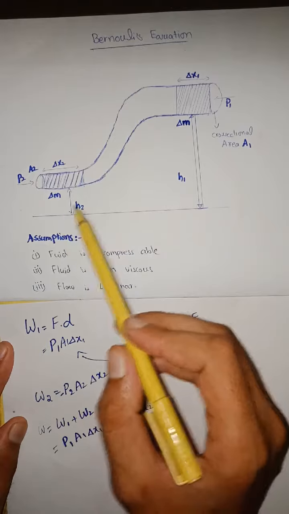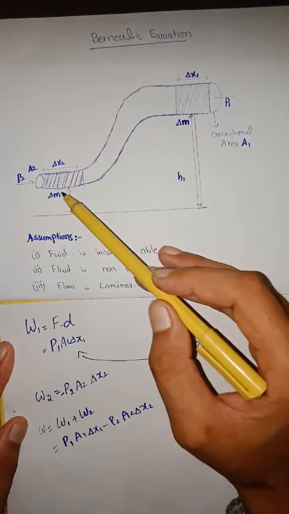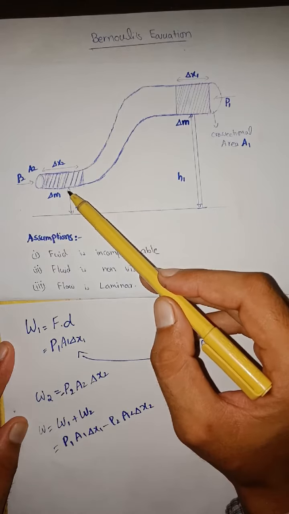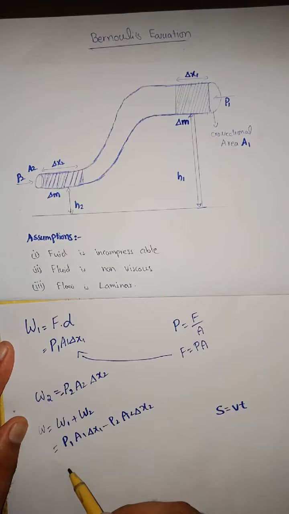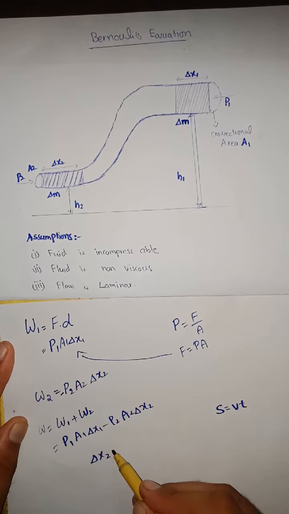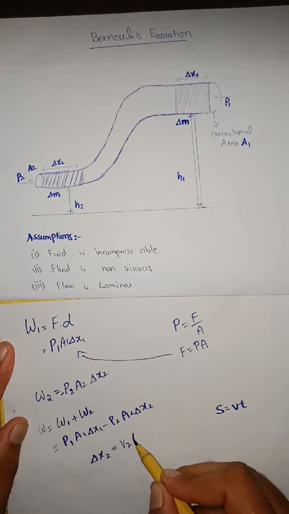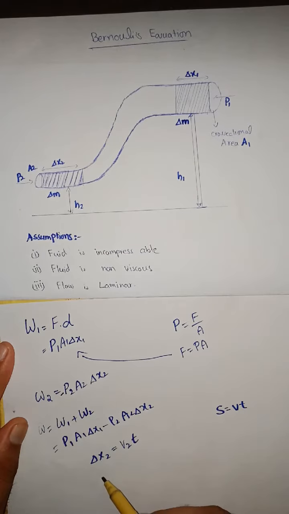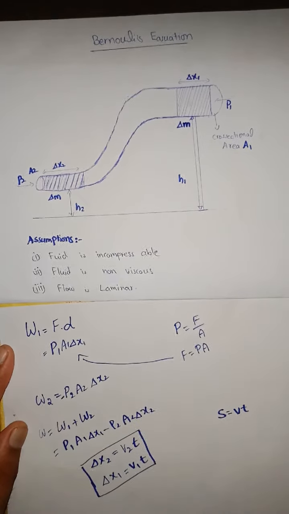If the velocity of the fluid at the upper end is v1 and at the lower end is v2, then delta x2 would be equal to v2t, and at the upper end the displacement would be equal to v1t.